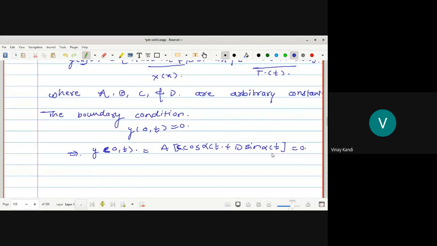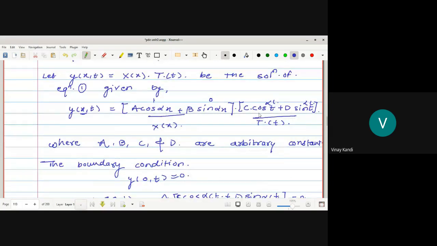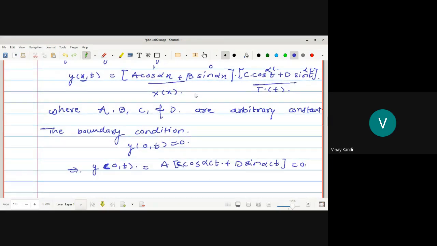The T of t value is C cos alpha c t plus D sin alpha c t. So from the boundary condition, y of 0,t is equal to 0. This implies y of 0,t is equal to a into 1, which is a, and this term vanishes: 0 into C cos alpha c t plus D sin alpha c t is equal to 0.